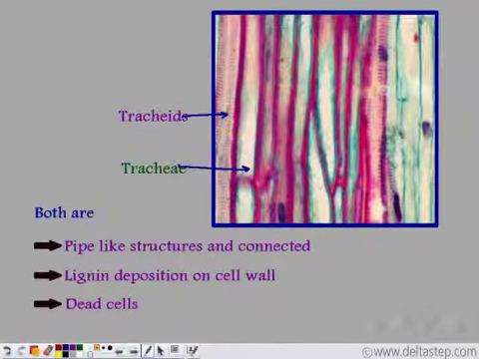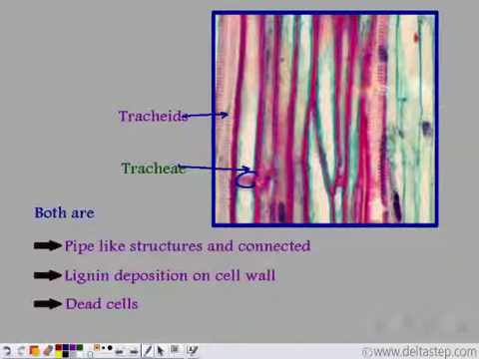Both of them are pipe-like structures and two cells are connected. See, this is one cell, this is another cell, they are connected, forming a continuous pipe-like structure that can conduct water from the root upwards to the leaf.